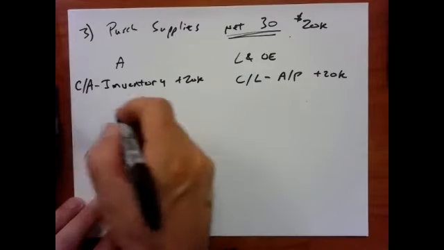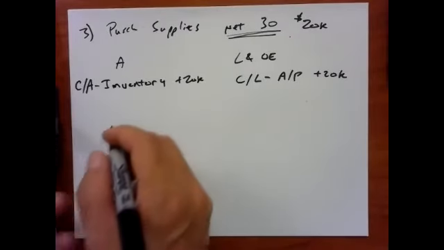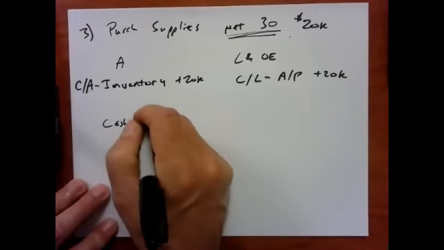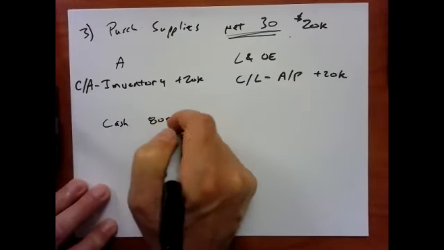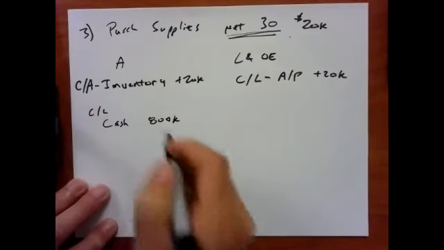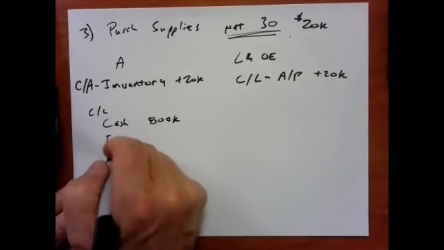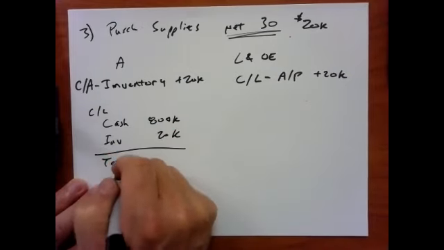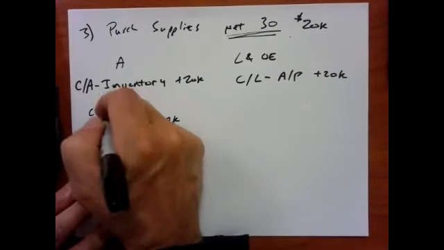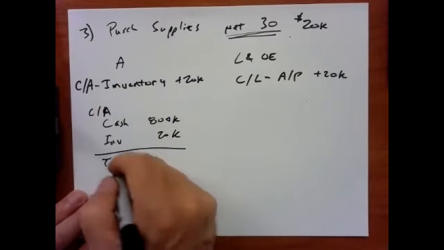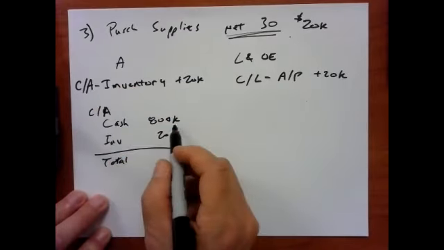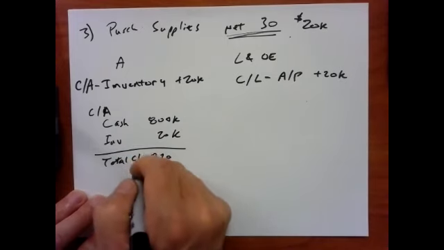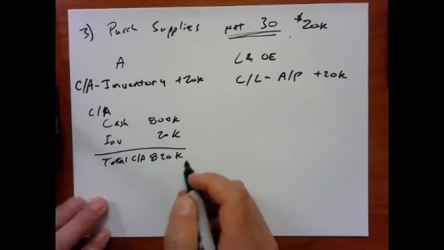So if we were to build the balance sheet now, we would have current assets of cash of 800, inventory of 20,000, for total current assets of 820,000.